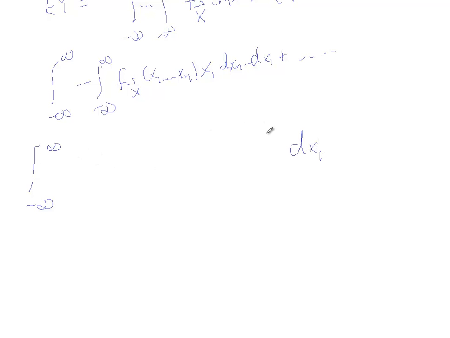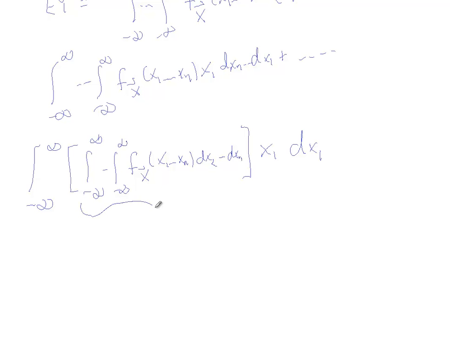And I have an x1 here, and then in here I'm integrating another integral, which is integral from minus infinity to infinity, and this is going to be f_X(x1, ..., xn) dx2 ... dxn.